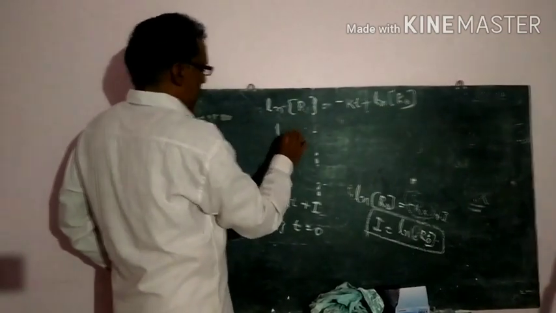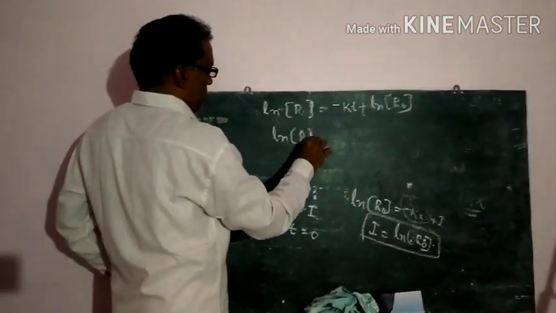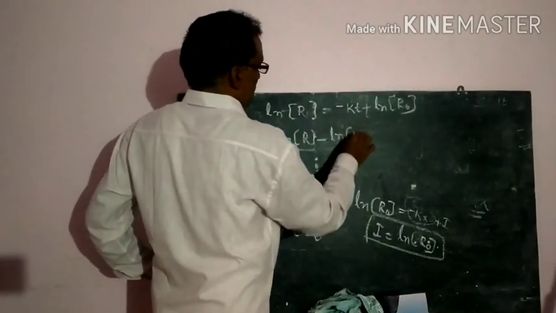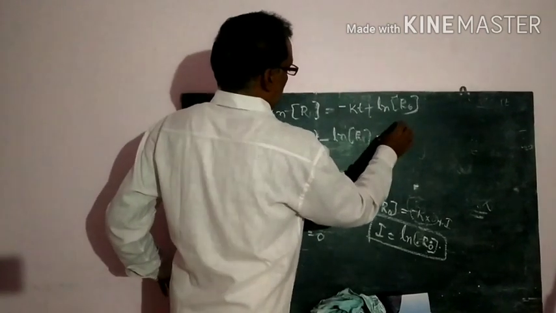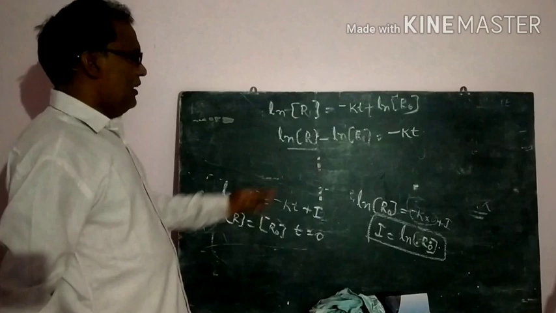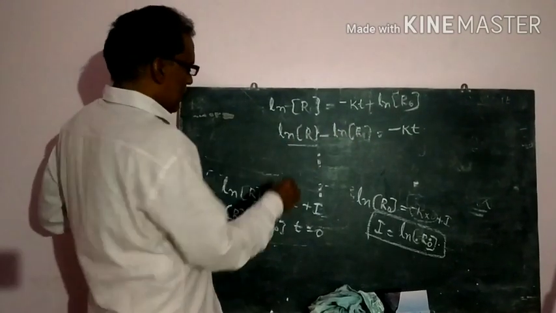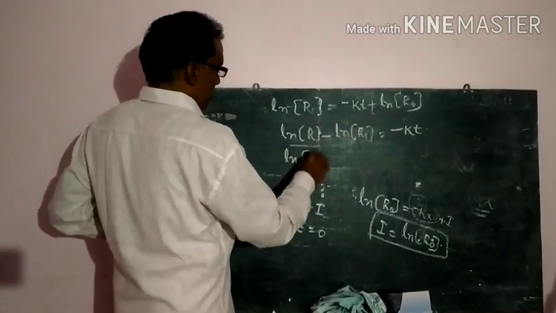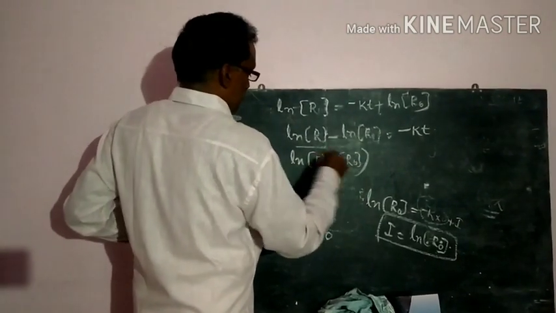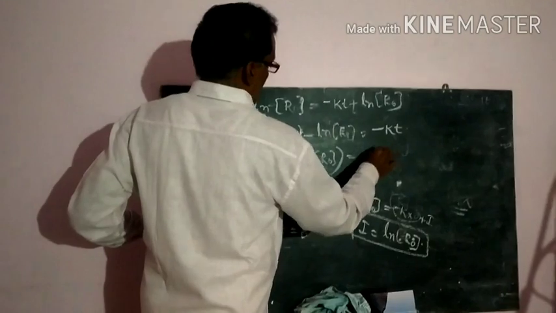That means ln concentration of R minus ln value of R0 is equal to minus k into t. In natural logarithmic values, it can be written as natural logarithmic value of R by R0 is equal to minus kt.